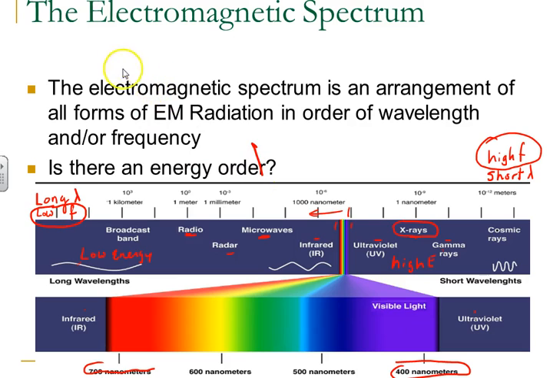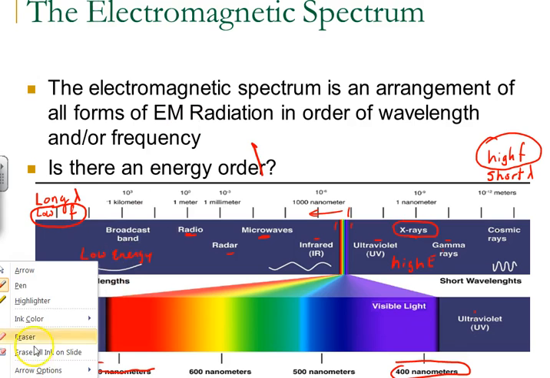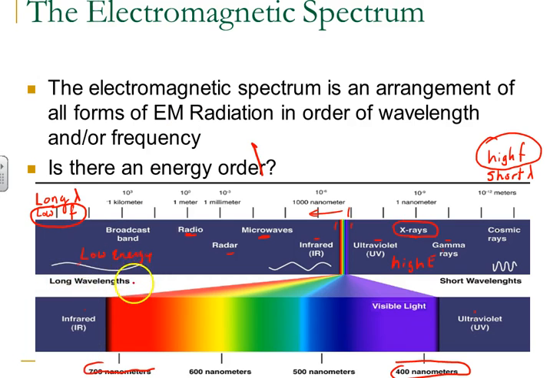You should know the order of the visible spectrum, and that would be, of course, red, orange, yellow, green, blue, violet is out here, and somewhere in this region is a small region known as indigo.